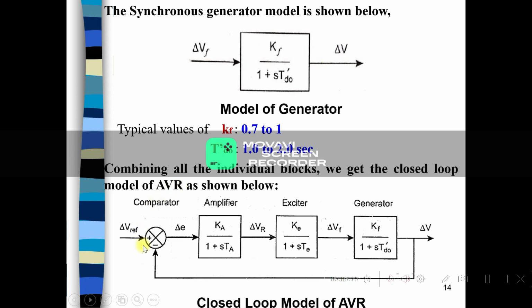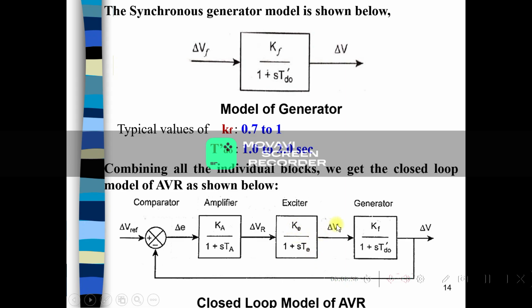Here the comparator compares the input signal and the output signal. The error signal is connected to the amplifier input. The amplifier model is Ka divided by 1 plus s TA. The amplifier output del VR is connected to the input of the exciter, Ke divided by 1 plus s TE.